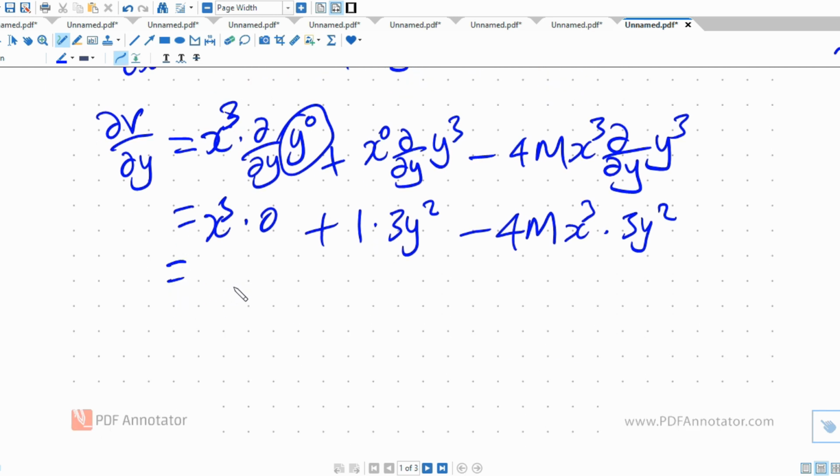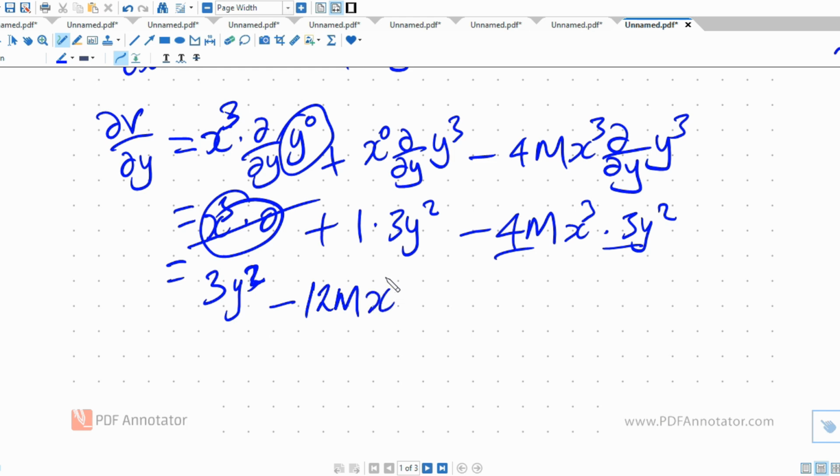So the first derivative with respect to y, we shall have here a 0, so this one will disappear, and this simplifies to 3y squared, I mean, subtract, multiply by 4 by 3, you get a 12m x cubed y squared.